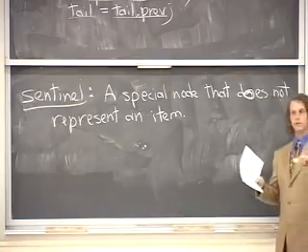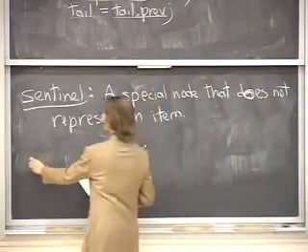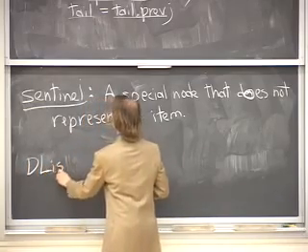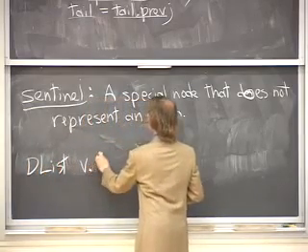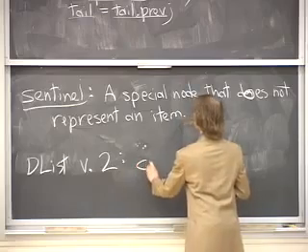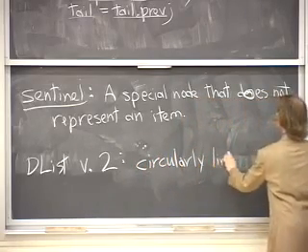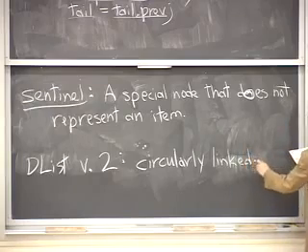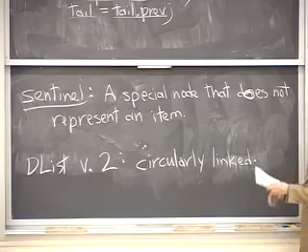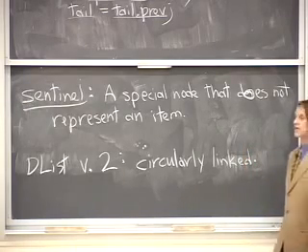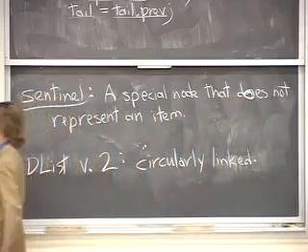So I'm going to show you a new dlist data structure, similar to the old one but different. Dlist version 2 is going to be a circularly linked, doubly linked list. Our sentinel's job is going to be to represent both the head and the tail of the dlist.